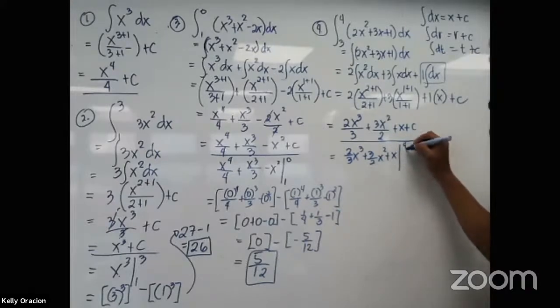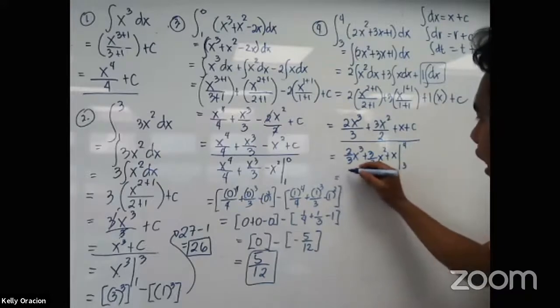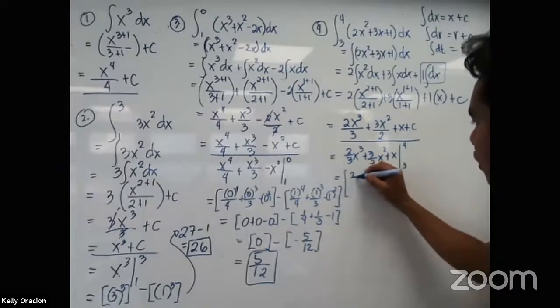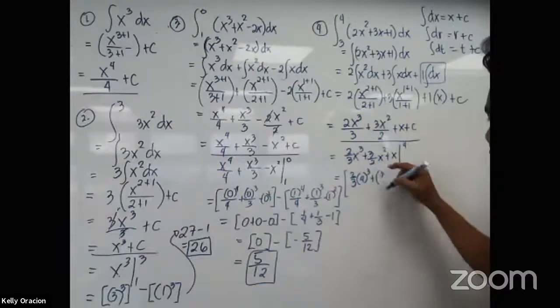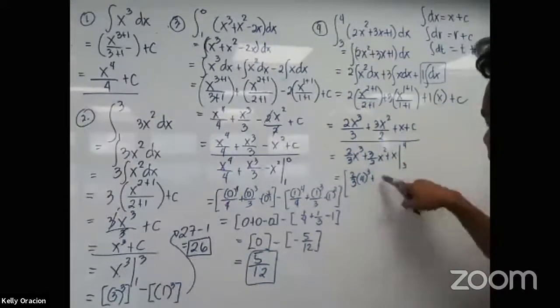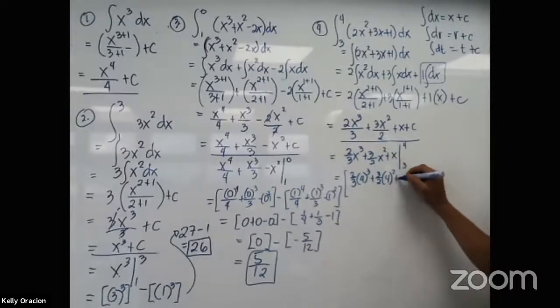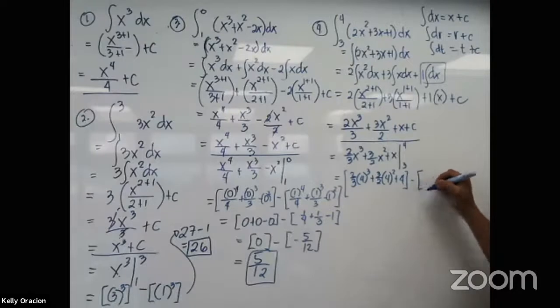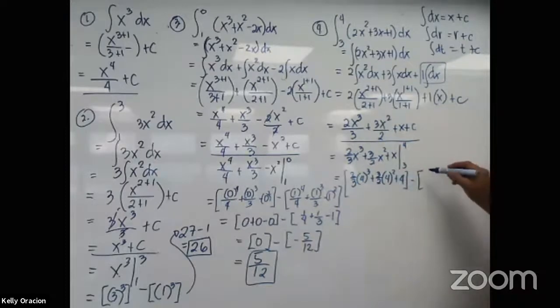The upper limit is 4, the lower limit is 3. Then this time, substitute 2/3, then 4 cubed plus 3 halves, 4 squared plus 4, then minus, it is always minus there, the lower limit is 3.